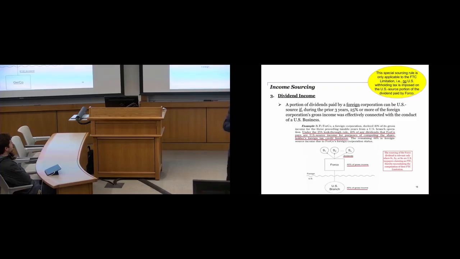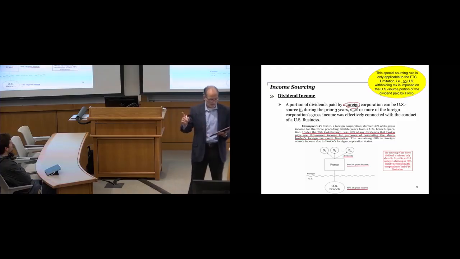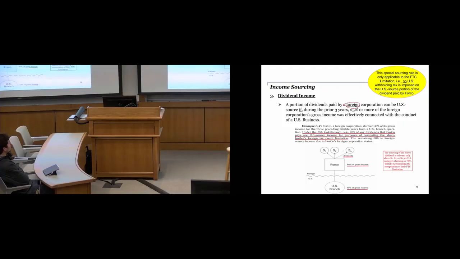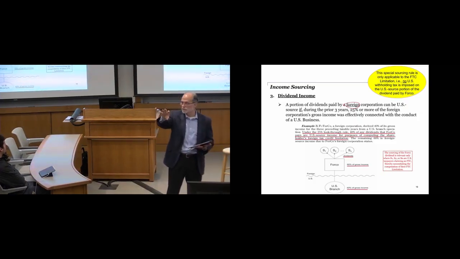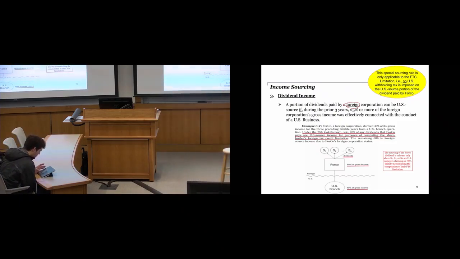A portion of dividends paid by a foreign corporation, this is that special rule I was talking about, can be U.S. sourced if during the prior 3 years, 25% or more of the foreign corporation's gross income was effectively connected with the conduct of a U.S. business. So this is not just stopping at the general rule, which is looking to the residence of the payor of the dividend, but we're going to look through to their earnings in certain instances when a large percentage of their earnings comes from the United States.